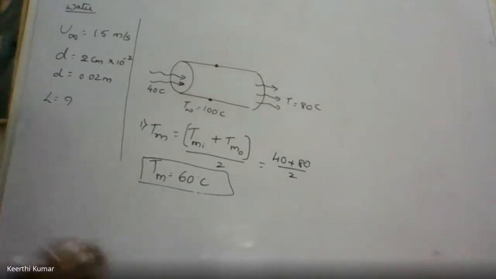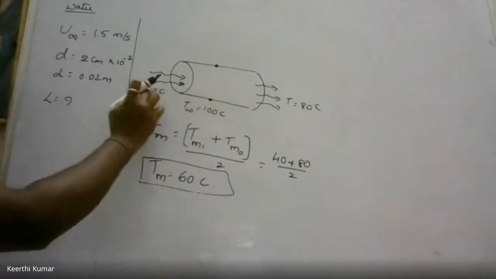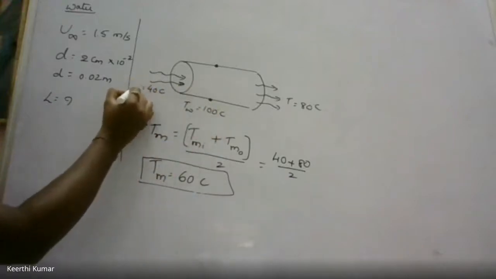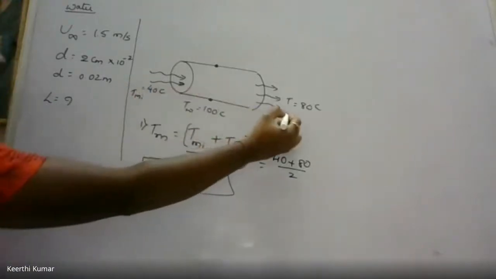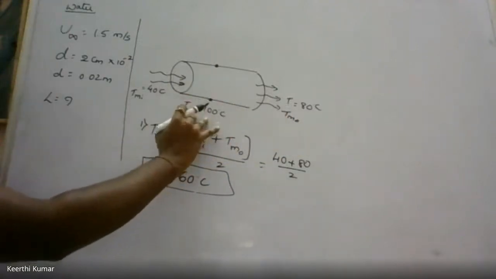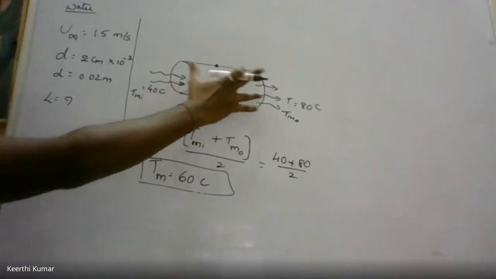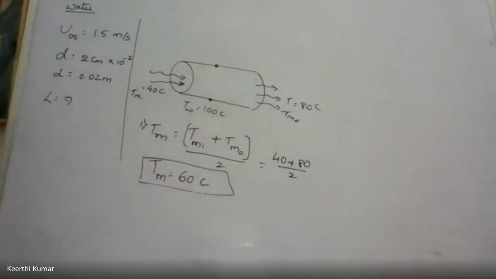So the further procedure is the same. The only change is that we will have three temperatures. One is Tmi. I'll write this: this is called Tmi, this is called Tm naught, and Tw. Concentrate on Tw, forget it for the time being. Concentrate only on Tmi and Tm naught, and then find out T mean, the bulk mean temperature.